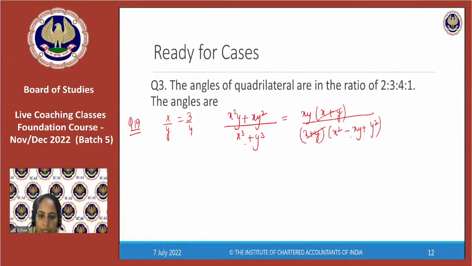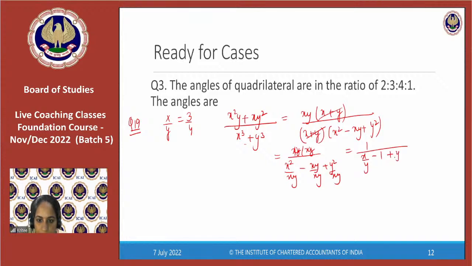Now divide the whole thing by xy. So this becomes 1 upon x square by xy minus xy by xy plus y square by xy, which is 1 upon x by y minus 1 plus y by x.